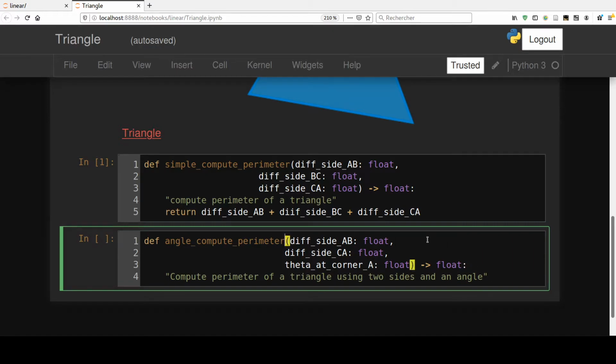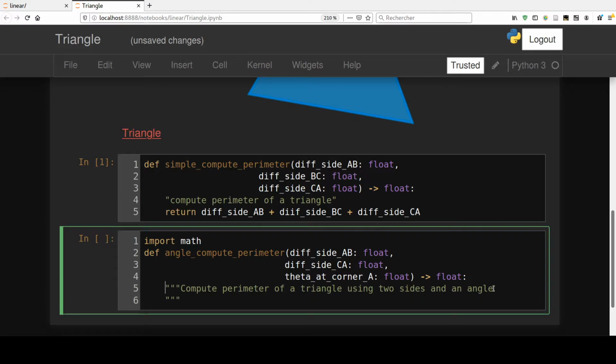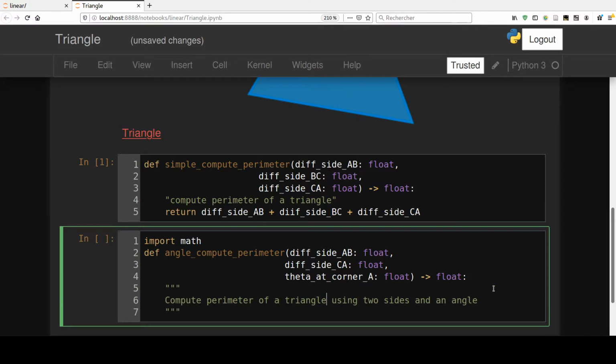Because from the law of sines, let's import math, we know that, let's enlarge the docstring to include a little bit of mathematics, not very complex stuff. Well, let's see what was the law that's going to help us here.